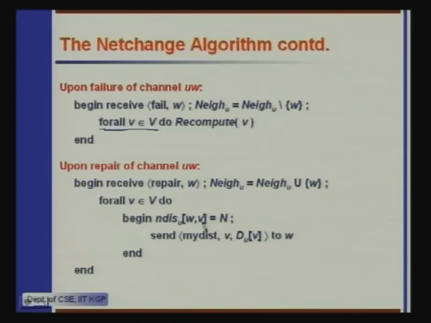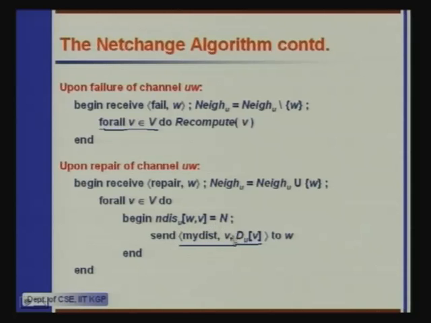I have no estimates of the distance from W to V. So, I set all that to N, and also I send my routing table to W. What is W going to do with this? It will update NDIS WUV with it. When this message is received by W, W will update NDIS WUV.